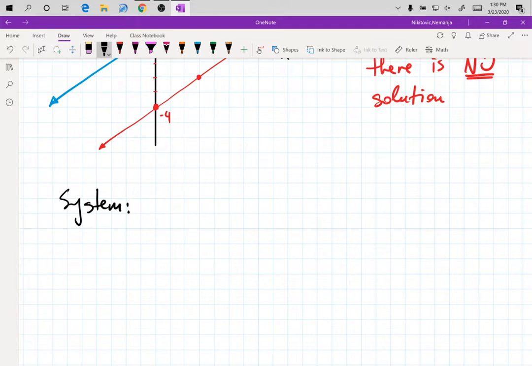So let's say you have y equals, let's go with 1/2 x plus 2. So that. And then let's say we're going to have x minus 2y equals -4.